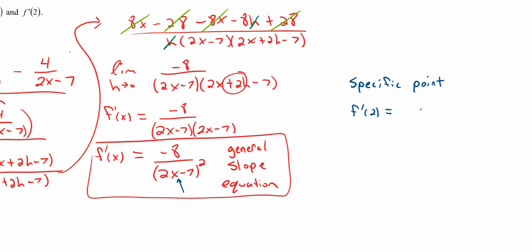So this would just become negative 8 over 2 times 2 minus 7 squared. So f prime of 2 is equal to negative 8 over 9.